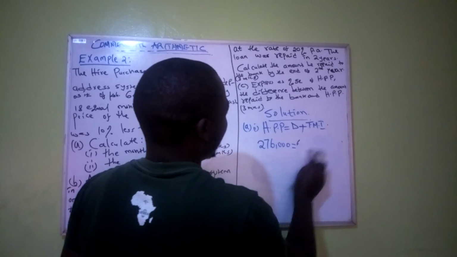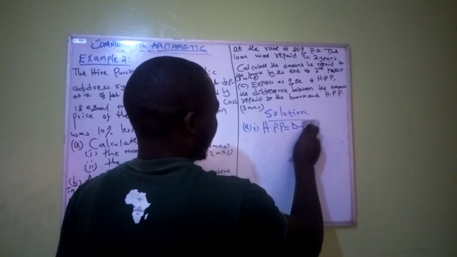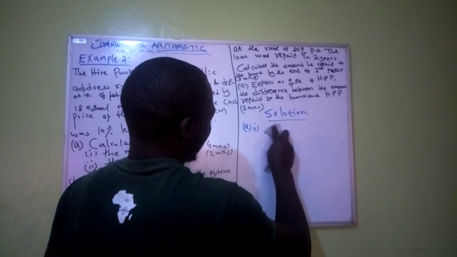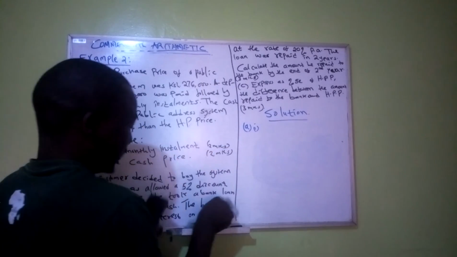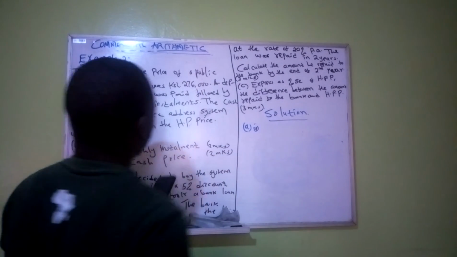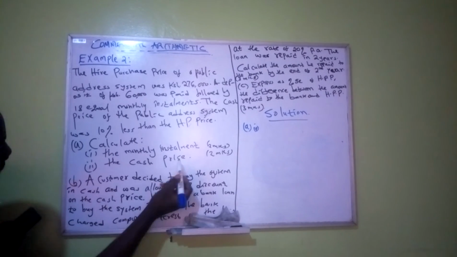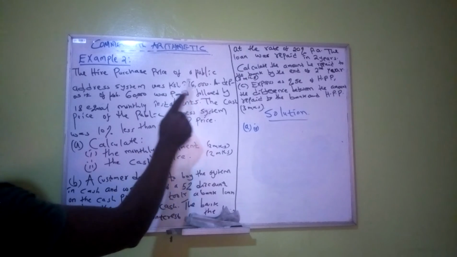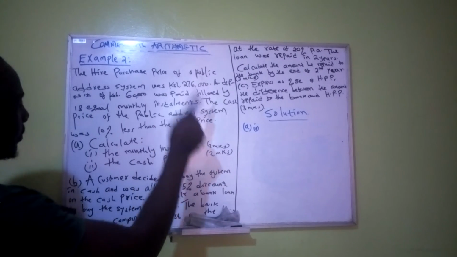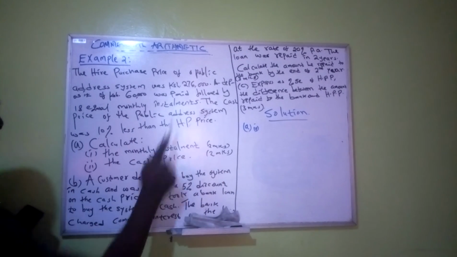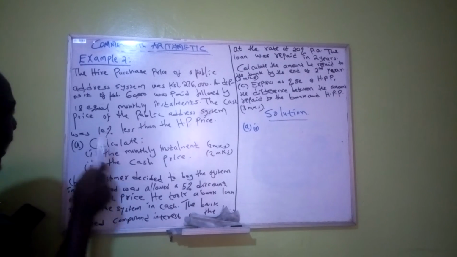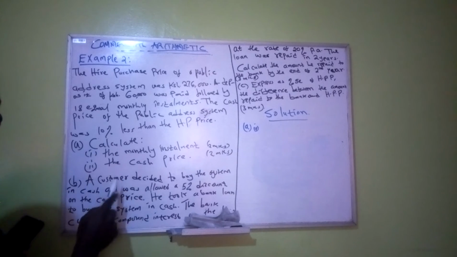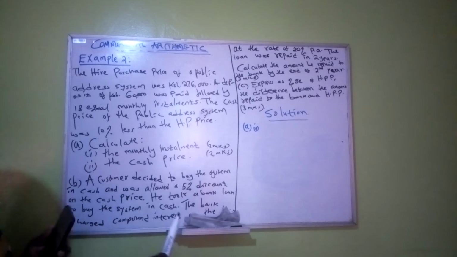Part 2 of A says, the cash price. We are told the hire purchase price of a public address system was 276,000, and the cash price of the public address system was 10% less than the hire purchase price.